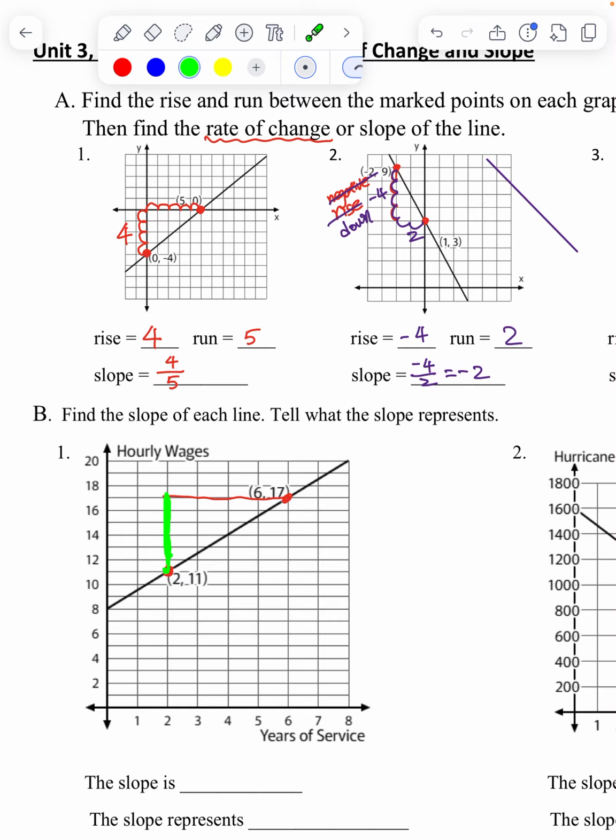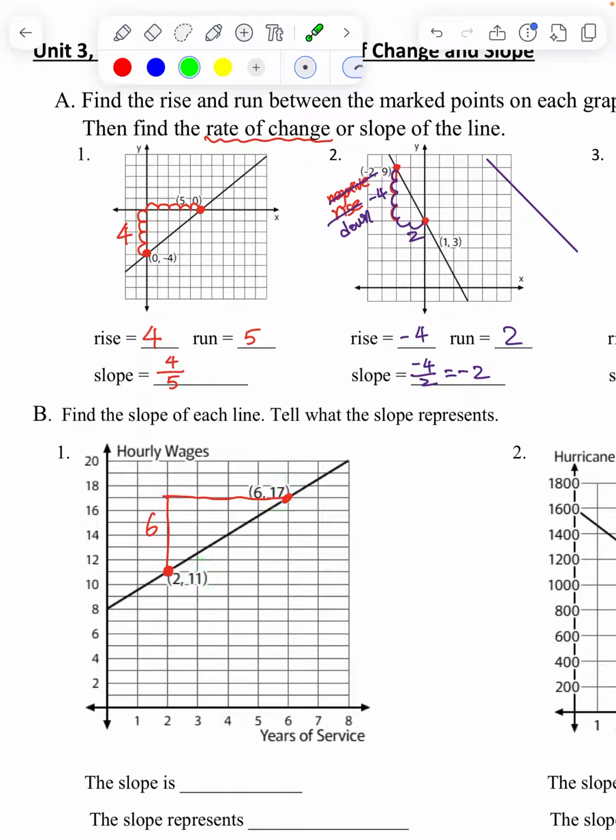The rise is the vertical, the change of the y value. 1, 2, 3, 4, 5, 6. So this is positive 6. Go up, it's a positive 6. 17 minus 11 is just 6. So the rise is the change of the y value.